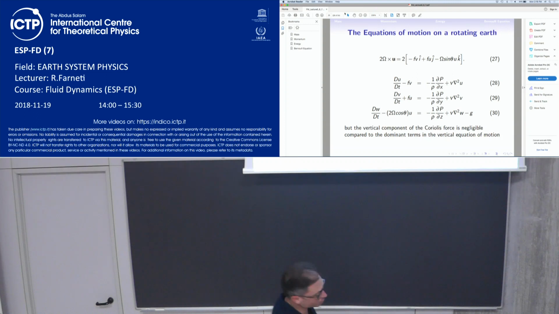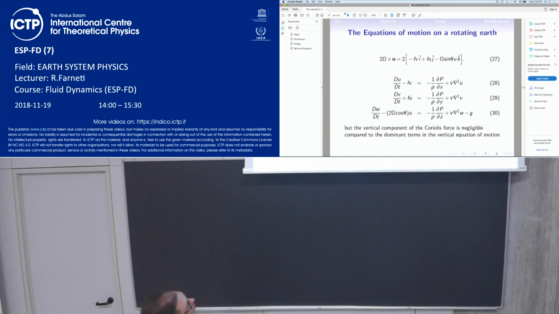So eventually, when you use the Coriolis force or the Coriolis acceleration, you end up with it depending on how you want to call it. There are people who like to call it a force, and so they put it on the right-hand side. And some other people like to call it an acceleration, and so they put it on the left-hand side together with the Lagrangian derivative. So you have the Lagrangian derivative of your flow and the acceleration due to Coriolis, f u, f v, equal to all the forces on the right-hand side.